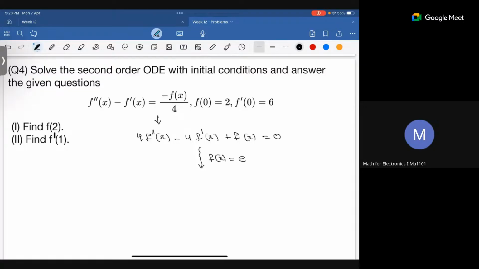After this, we assume that the solution is e power sx. Okay. So this is our assumption. Once we substitute, we finally get this quadratic expression, which is 4s square minus 4s plus 1 equals 0. Right. So first we have to find the roots of this quadratic equation. If we find the roots, we will observe that s1 is, anybody?